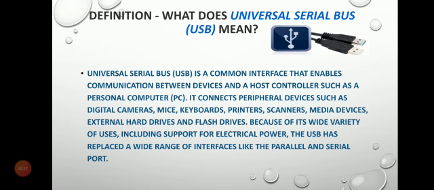The universal serial bus is a common interface that enables communication between devices and a host controller, such as a personal computer. It connects peripheral devices such as digital cameras, mics, keyboards, printers, scanners, media devices, external hard drives, and flash drives.